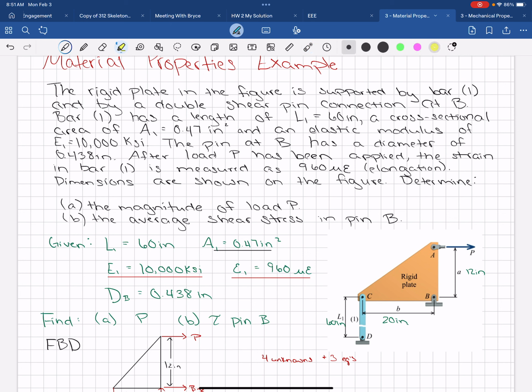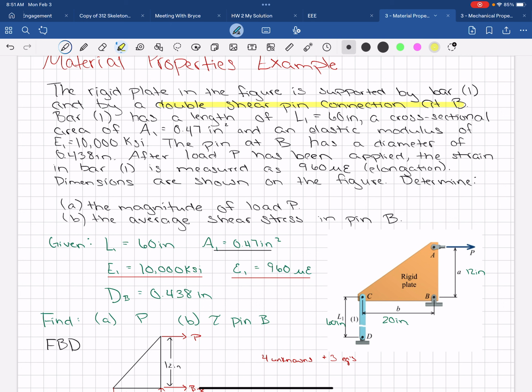Double shear pin connection at B. Okay, so that means we'll divide our area by 2, and the diameter of the bolt is 0.438.